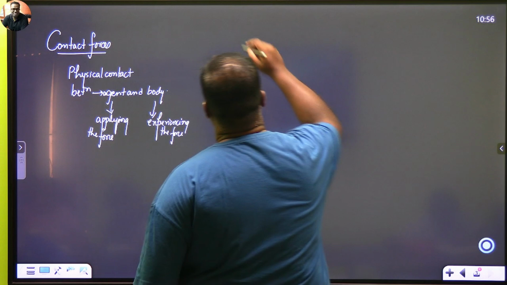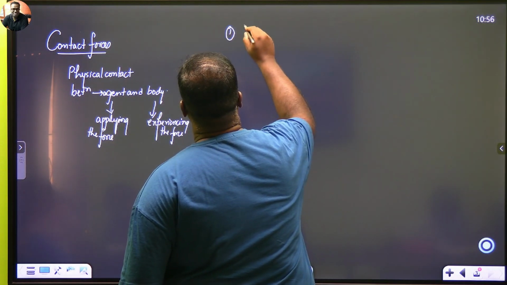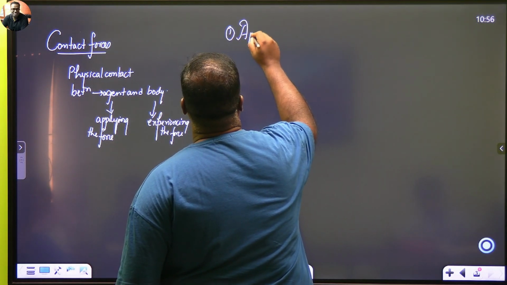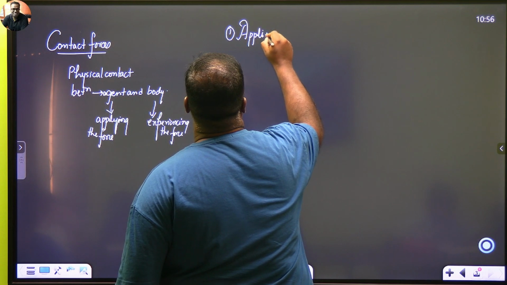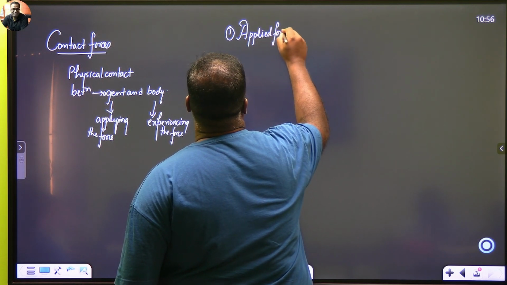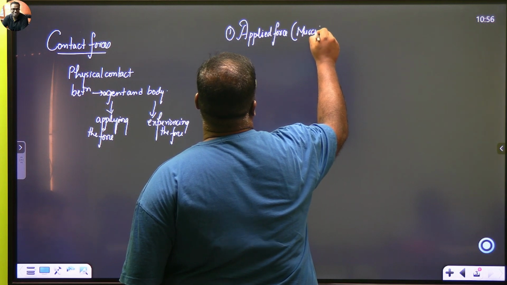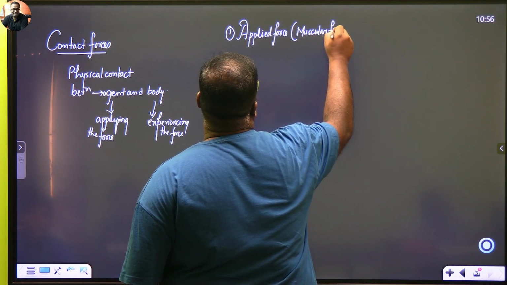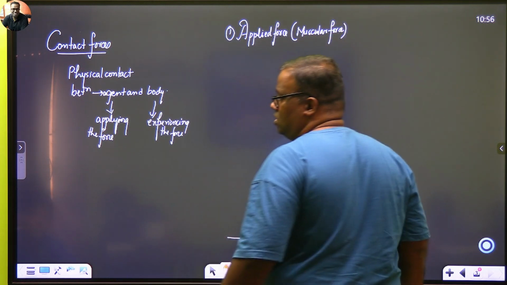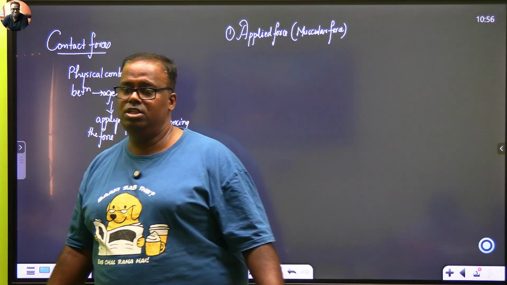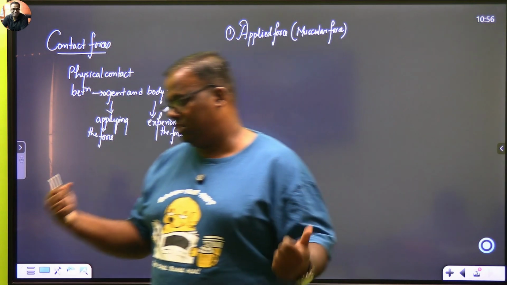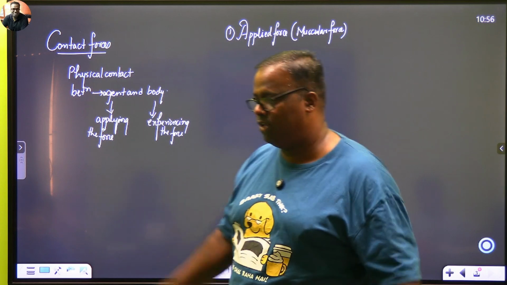Number one, the first type of this force is like, say, applied force. In one shell, we can also find that the muscular force also falls in this category. Muscular force is the force which is arising due to the contraction or the relaxation of the muscle fibers. Right?